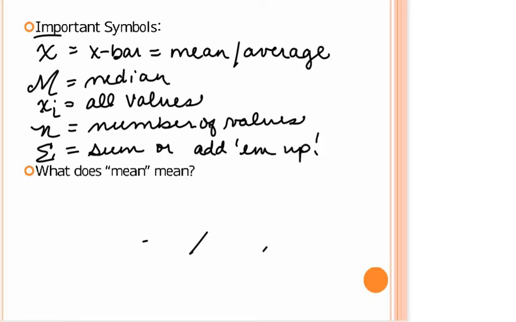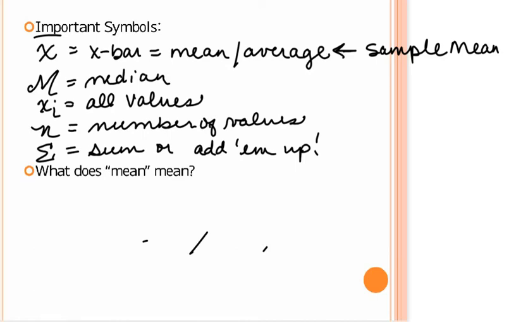Now, I do want you to notice right here, I do have one thing. This X bar here is for a sample statistic, and we'll get into this more later. This is sample mean. The X bar is what we use when we're just talking about a sample.